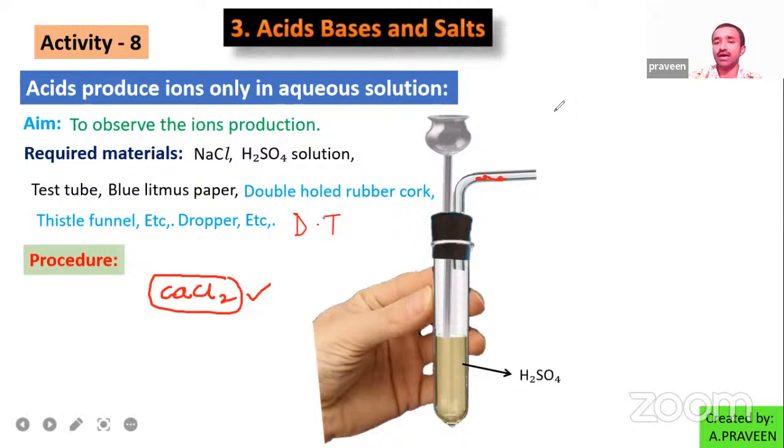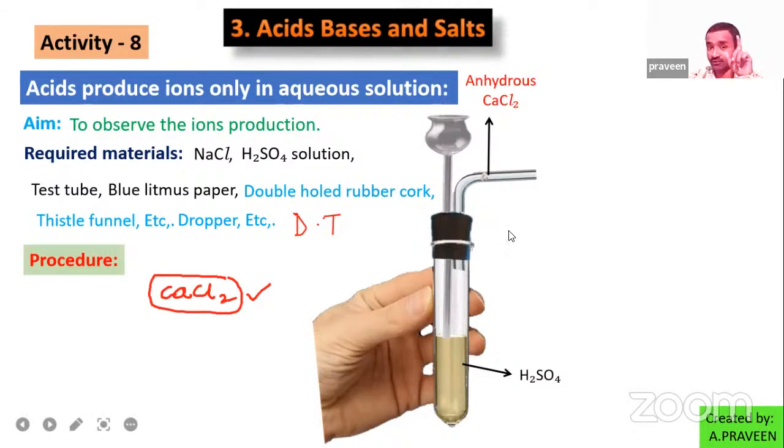So look, I'm going to place it in the delivery tube. Slowly one substance is inserted into the delivery tube, that is placed here. Look at that. I'm showing you with an arrow. Here, simply I placed one substance. That is what? Anhydrous calcium chloride.